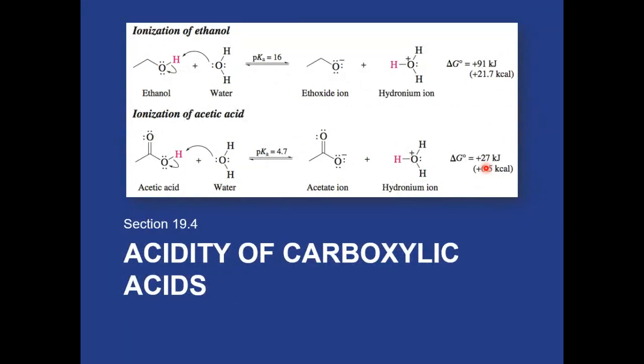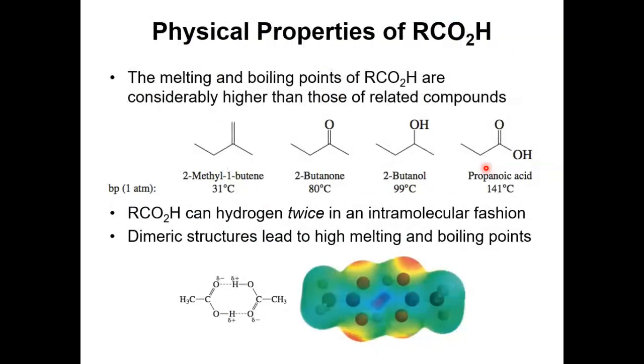Now, this is for physical property. The only physical property you need to understand is this, and I would suggest you draw the hydrogen-bonded dimer. You will have a better appreciation of what is different about hydrogen bonding in carboxylic acid compared to hydrogen bonding in alcohol.